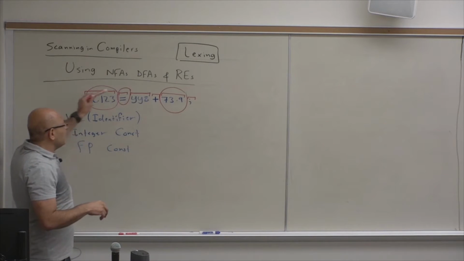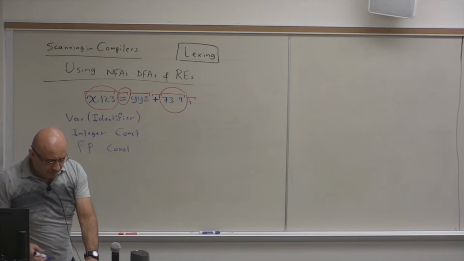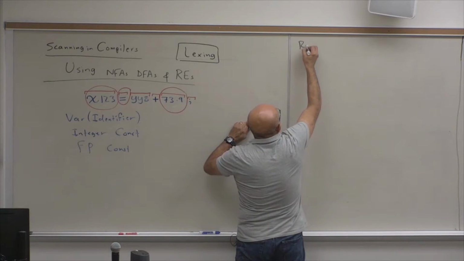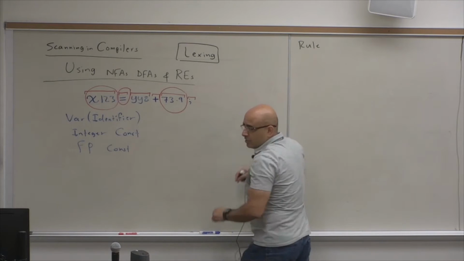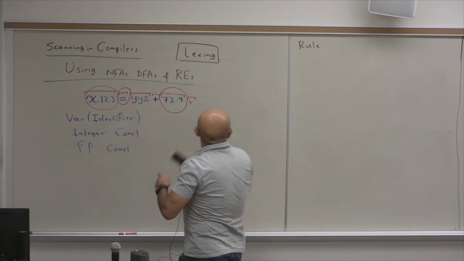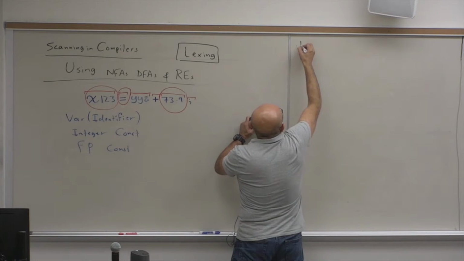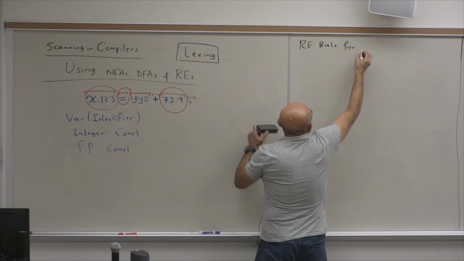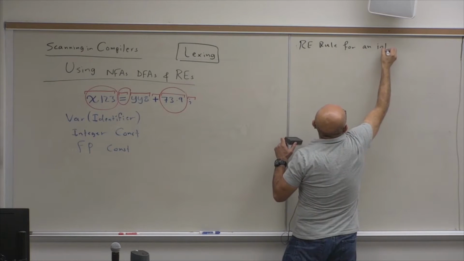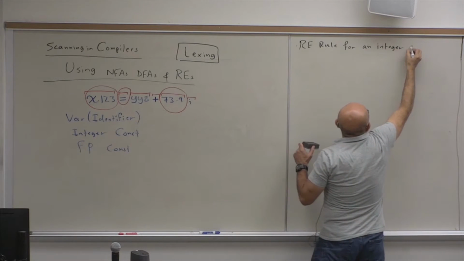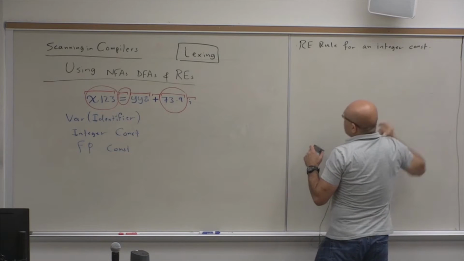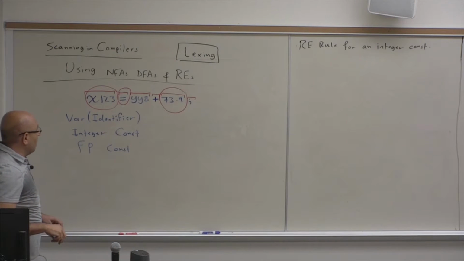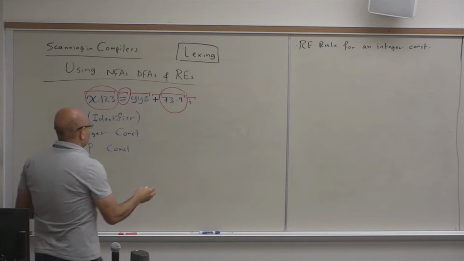Okay, so let's try to write a regular expression rule for an integer constant. Now in this case, when we apply this to compilers, what's going to be our alphabet?